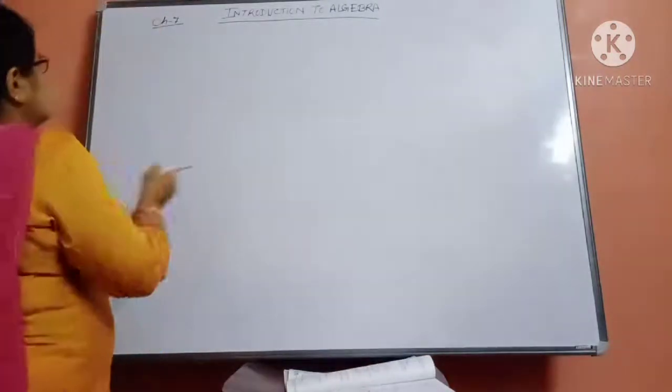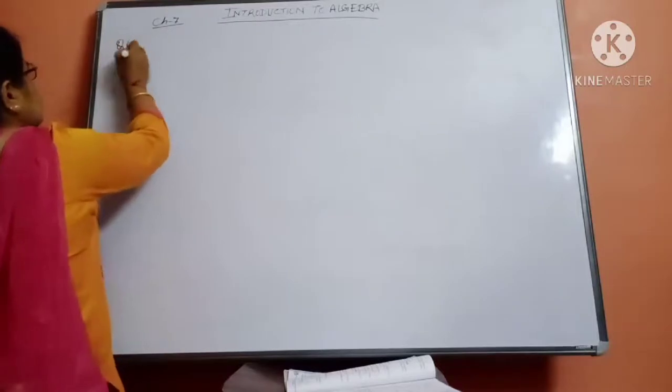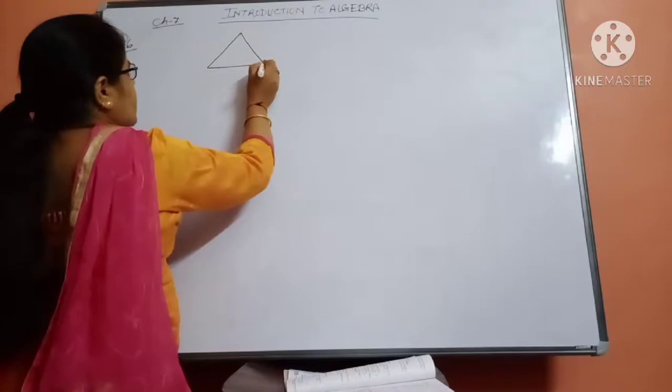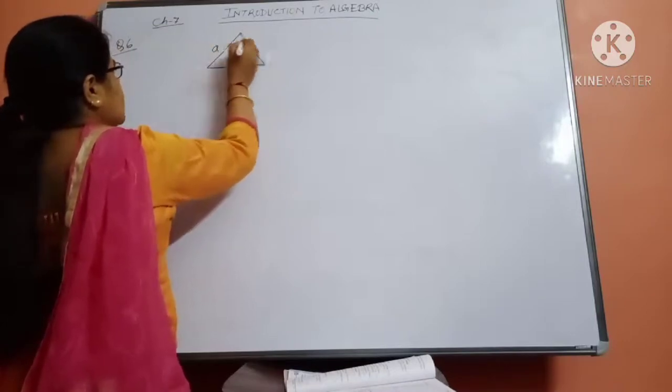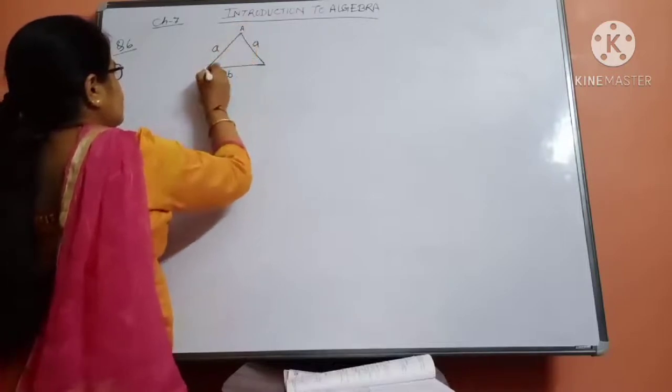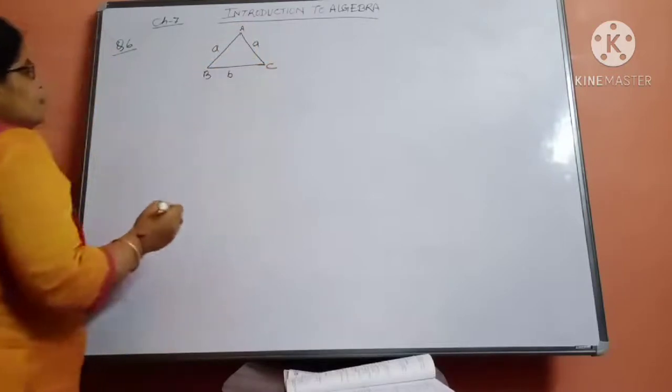Find the perimeter of the triangle. Okay, beta, see question number 6. Suppose this is an isosceles triangle ABC. According to the question, two sides are a centimeter and one side is b centimeter.